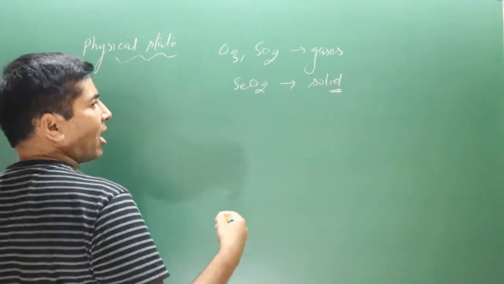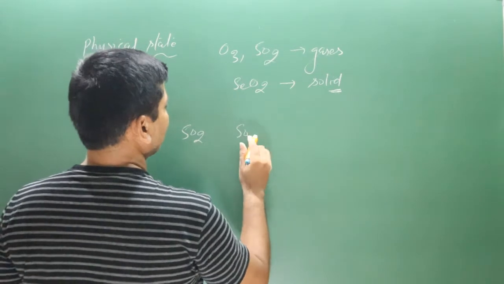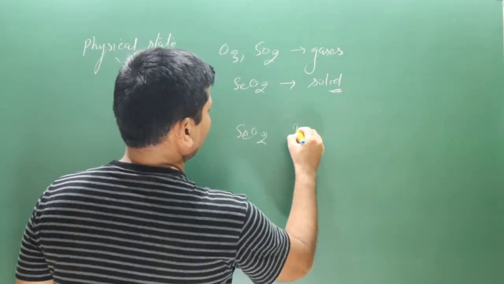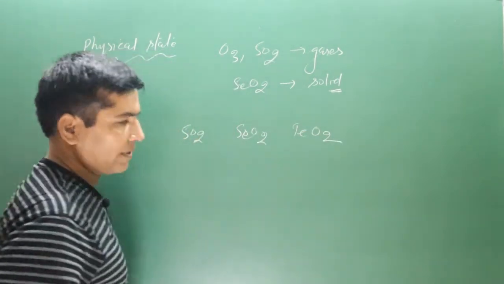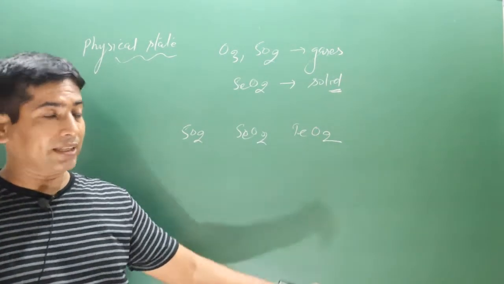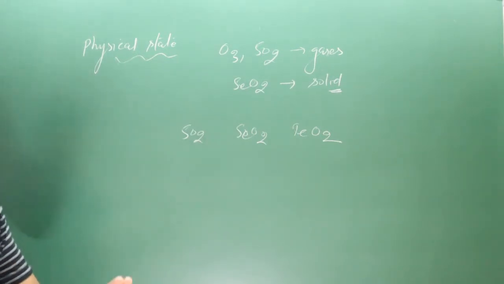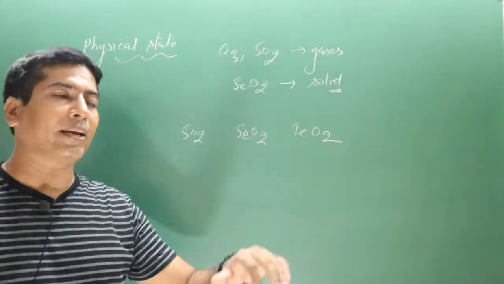Now when we talk about oxidizing character, we have SO2, SeO2, TeO2. As the bond dissociation enthalpy decreases, the tendency to liberate oxygen increases. An oxidizing agent is an agent which can release oxygen and gain electrons.